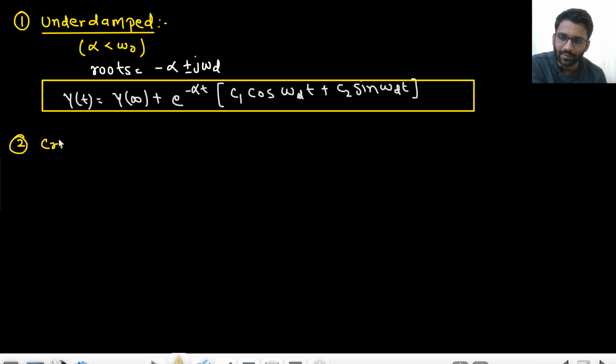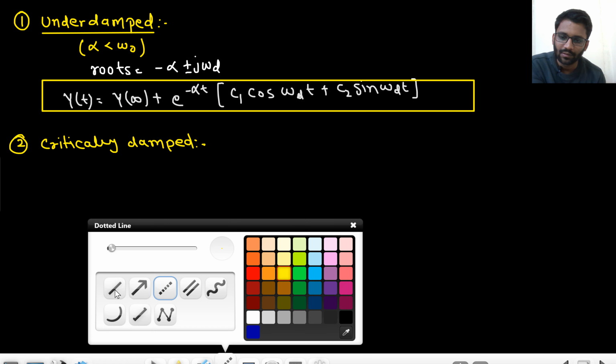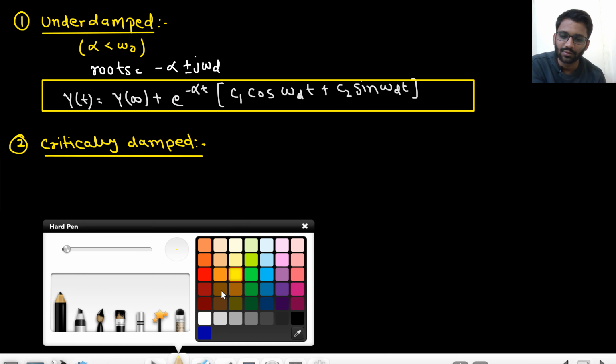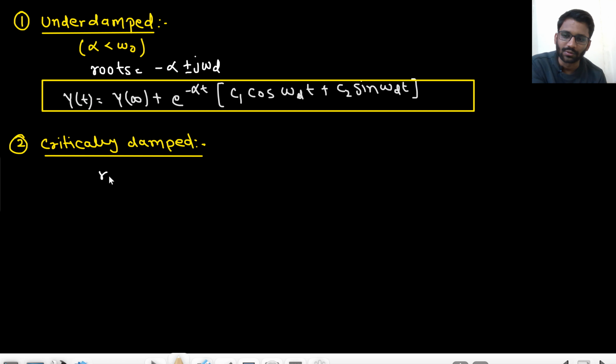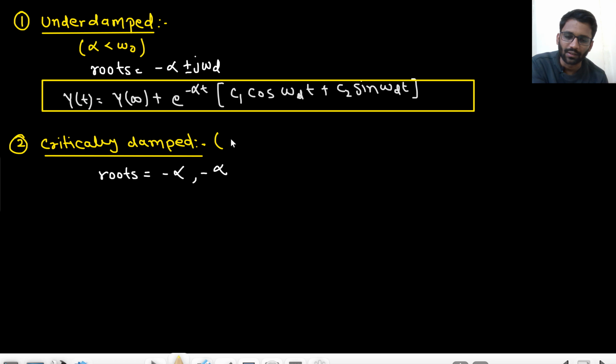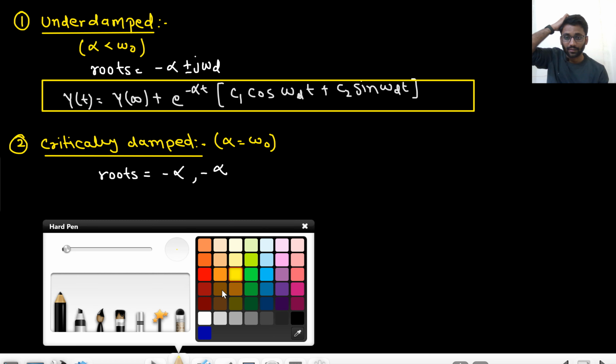Let's just write it for critically damped. You should write it on your own now. For critically damped, what is the case? Alpha is equal to omega naught. What are the roots? Roots are minus alpha and minus alpha. The condition I forgot to write is alpha equals omega naught.